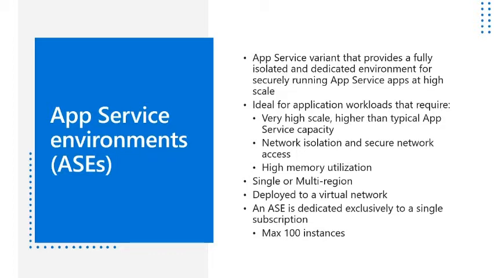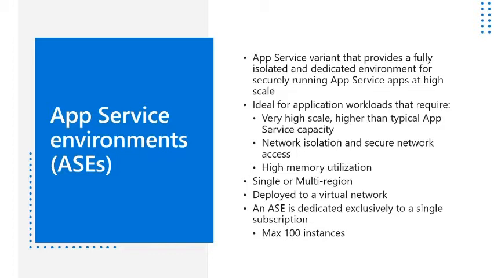ASEs are isolated to running only a single customer's application and are always deployed into a virtual network. Customers have fine-grained control over inbound and outbound network traffic. Applications can establish high-speed secure connections over a virtual private network, or VPN, to on-premises corporate resources.